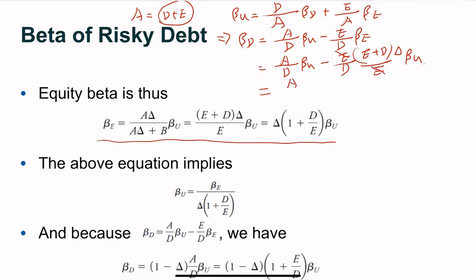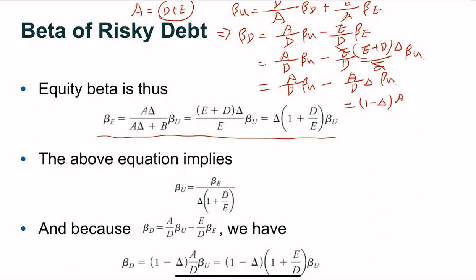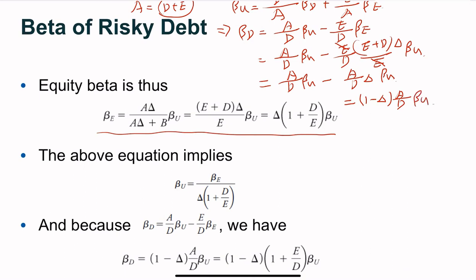So this leaves us A over D beta U minus A over D delta beta U. So this will give us 1 minus delta, A over D, times beta U.